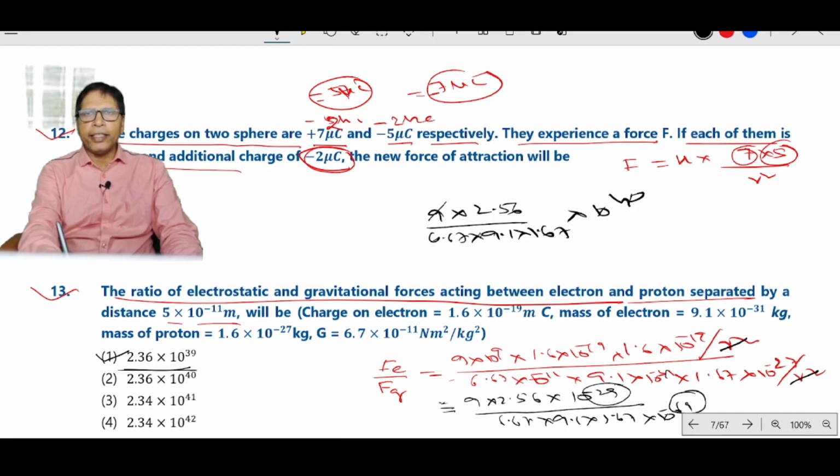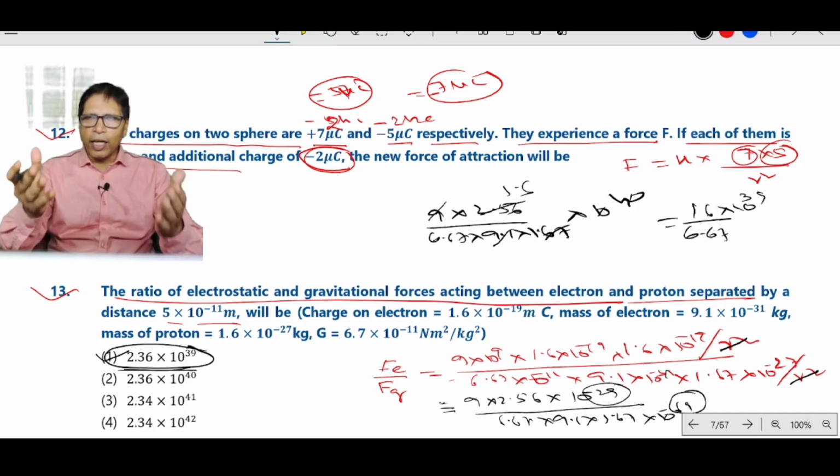This and this cancel out, and this and this is 1.6. So it is 16 into 10 to the power 39 whole divided by 6.67. So this is 2.36 into 10 to the power 39, the ratio between electrostatic force and gravitational force between proton and electron.